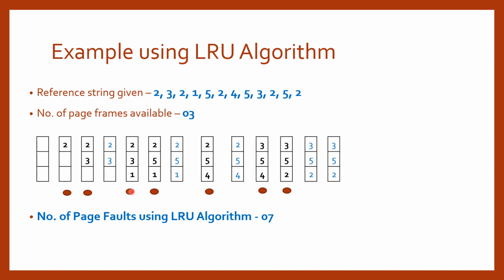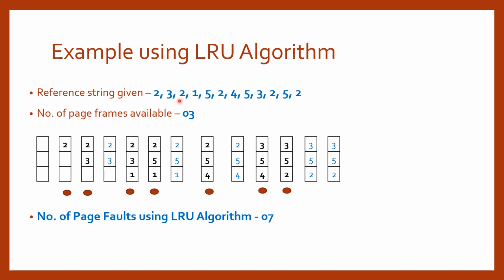Now our RAM is full, so we have to apply the LRU algorithm to select the page to be replaced. Request comes for 5. Now for 5 we have to check which page to be replaced out of 2, 3 and 1. So we will see in the reference string for 2, 3 and 1 which was used last.